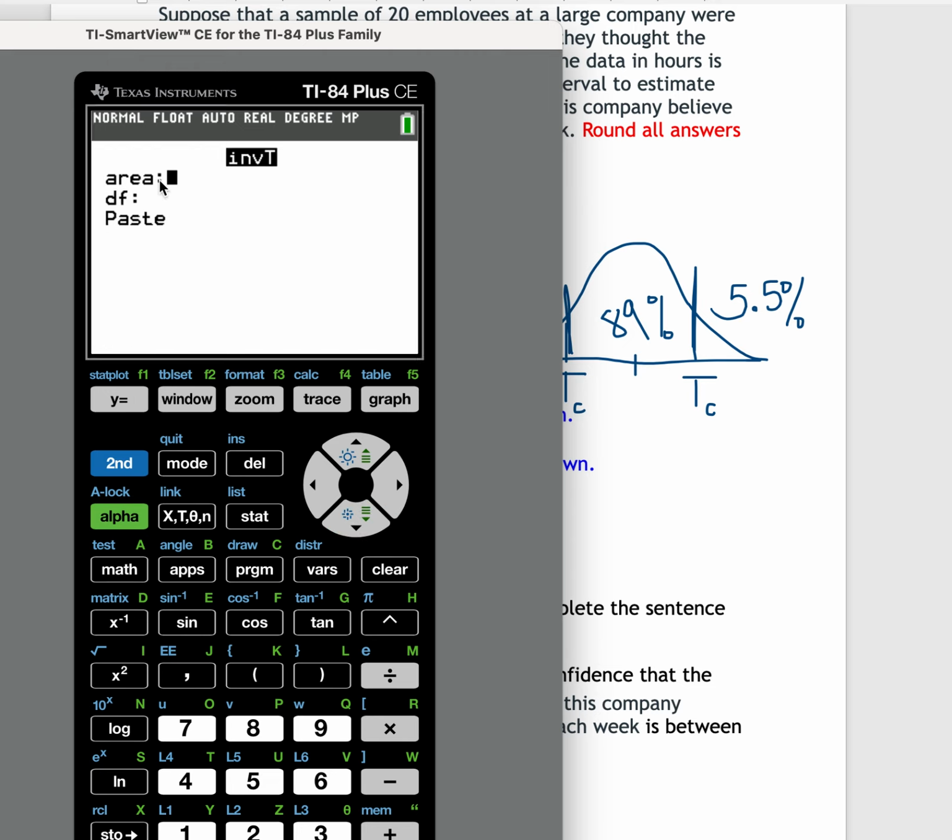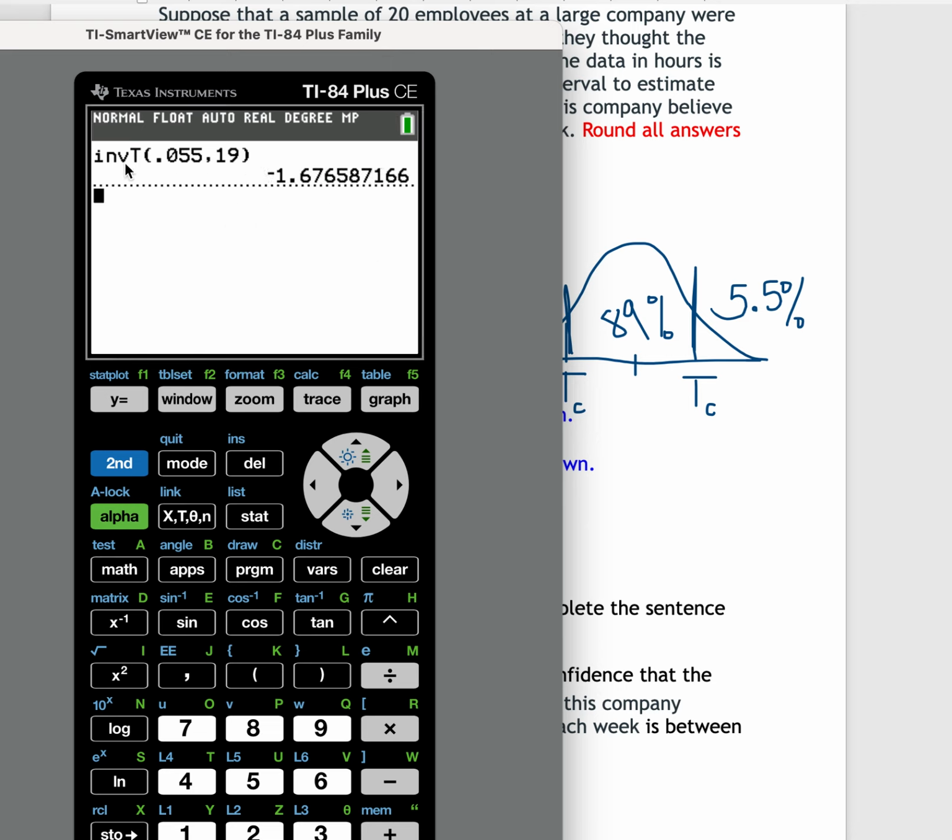Now we put in the area to the left. It's 5.5%, so putting it in as a decimal would be 0.055. The df stands for the degrees of freedom. Since we have 20 data values, our degrees of freedom is one less than our data values, so this is going to be 19. And I'm going to hit enter.